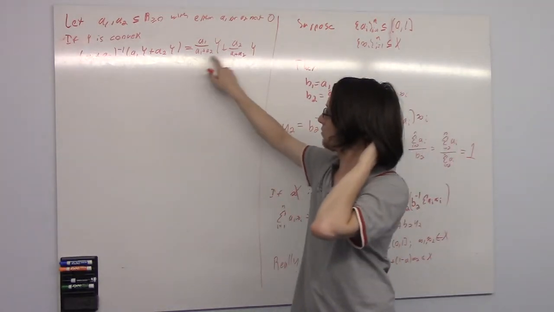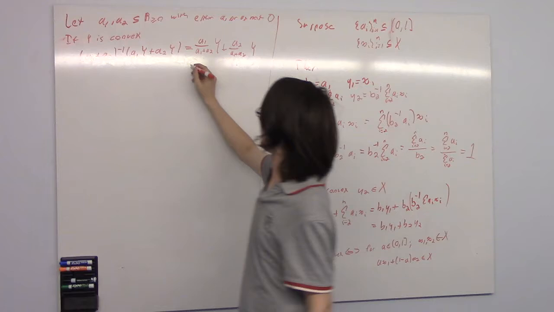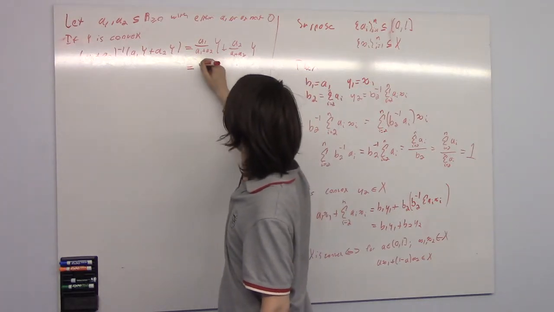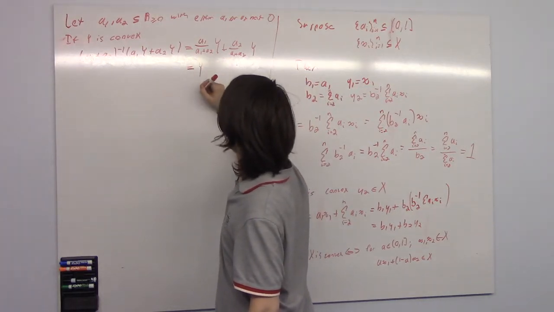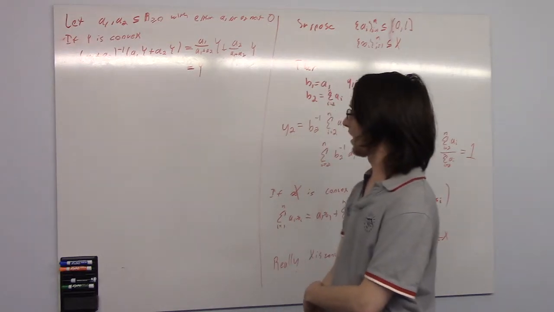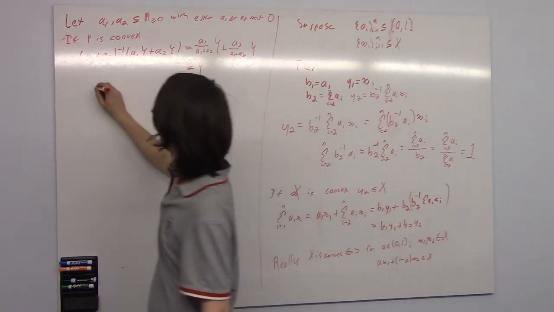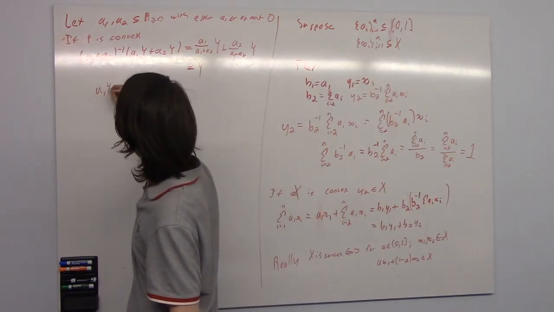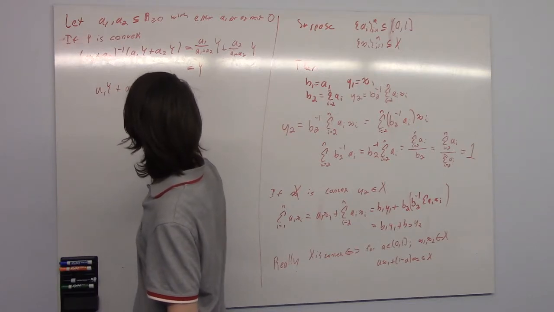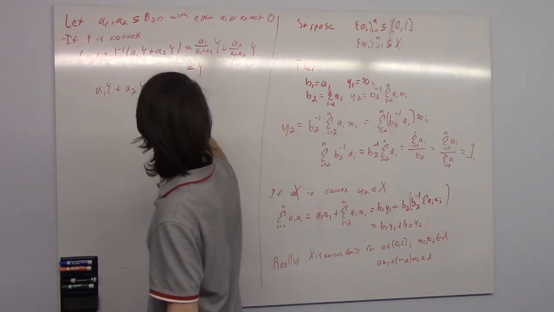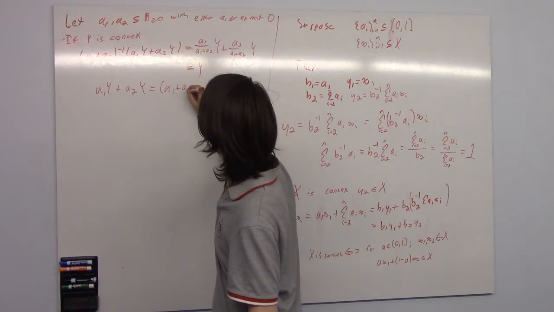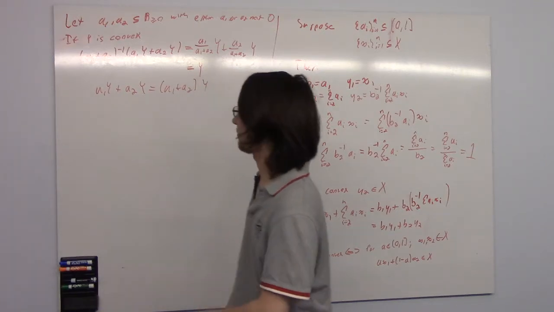Now, this plus this is 1. So this is just Y. So we get A1 Y plus A2 Y equals (A1 plus A2) Y.